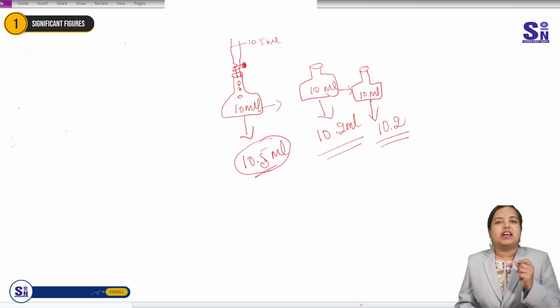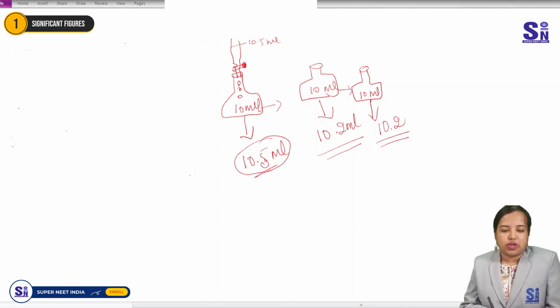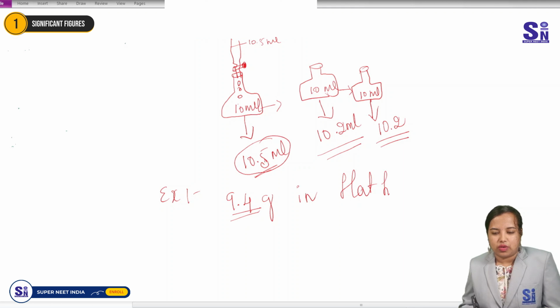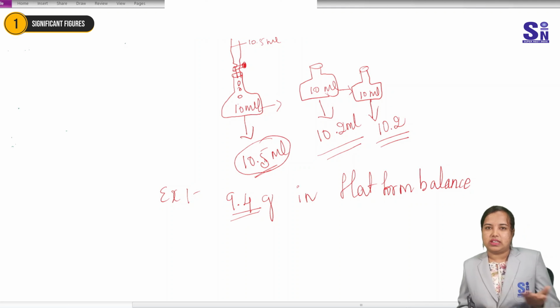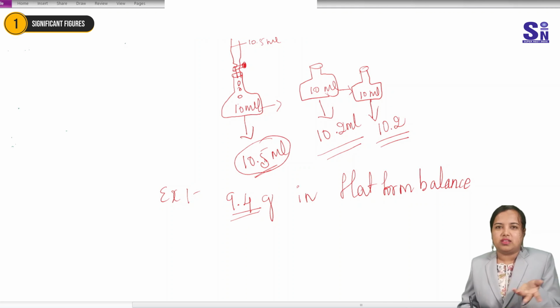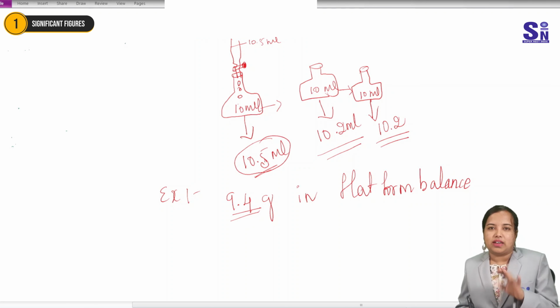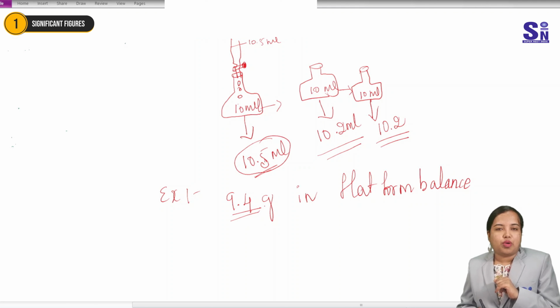So in significant figures, we will take one more example. If you weigh an object which shows 9.4 grams on a platform balance, the kind used in grocery shops, which you can find in a market, you are weighing 9.4 gram.